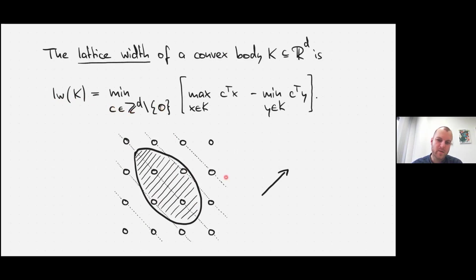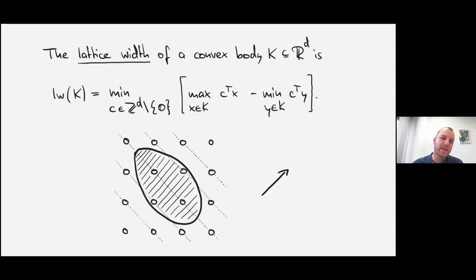So that's my objective. In this picture, that's this guy here. You go over all of them, and then you compute the maximum of c transpose x over K and the minimum, and you take the difference. So it's like this width. And now you search for one integer vector for which this difference is as small as possible, and of course you exclude the zero vector. Sometimes this is confusing to people.